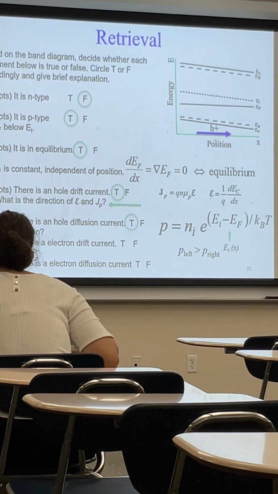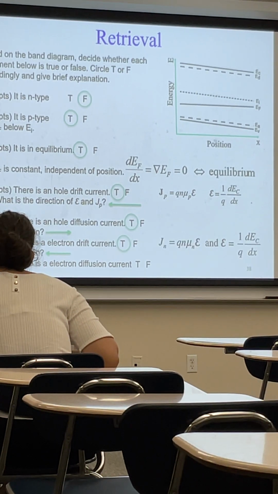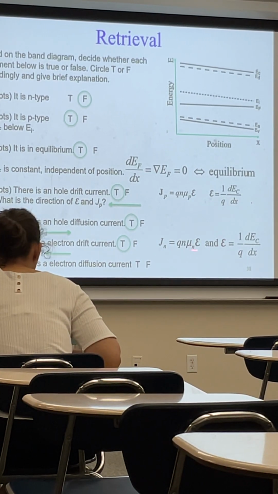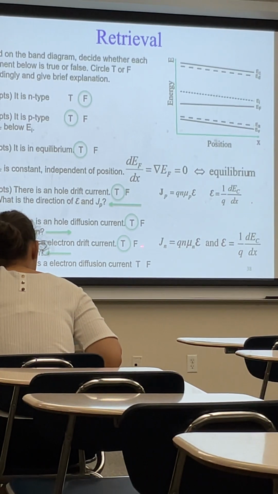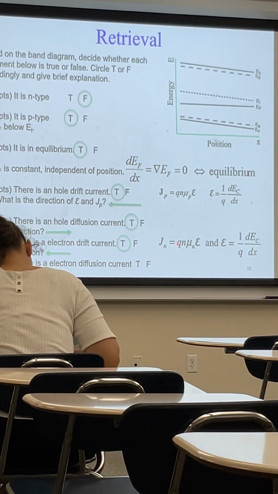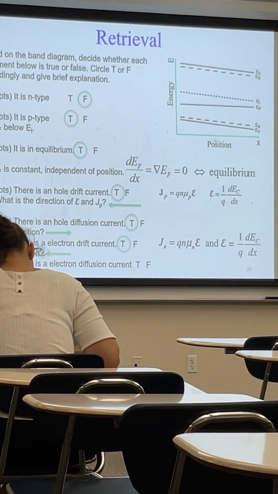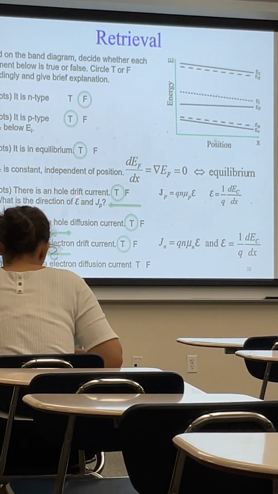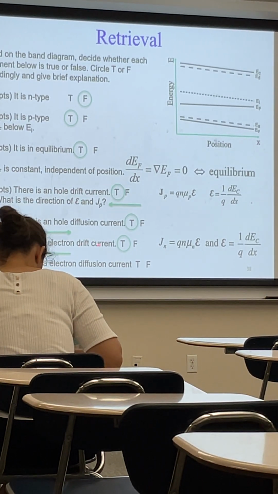For drift current, look at this expression. This is the drift current for electrons. You can see the drift current direction J is the same as the electric field, and we have shown the electric field is going to the left. So you can see the drift current for electron and hole are always the same direction.